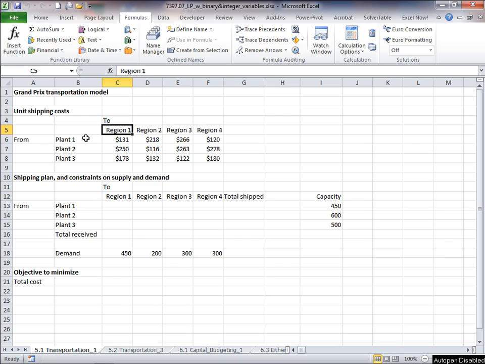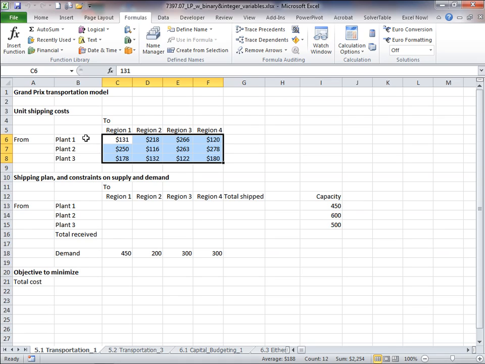It's going to depend on the cost of the shipment, and it's going to depend on the capacity of the production plant. So when you look at these costs, you should think of them in terms of mileage or distance or something like that.